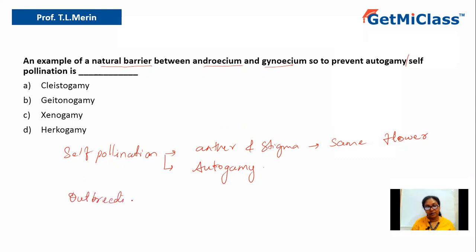Outbreeding devices. So when we say outbreeding devices, these are the mechanisms by which self-fertilization or self-pollination is prevented.